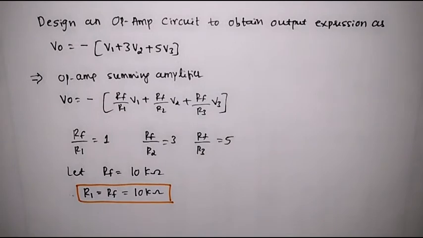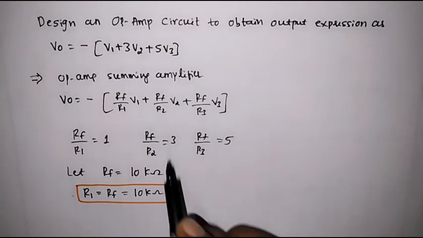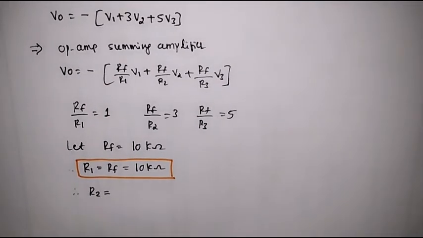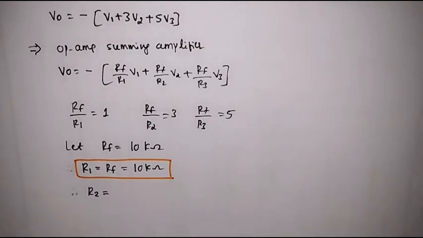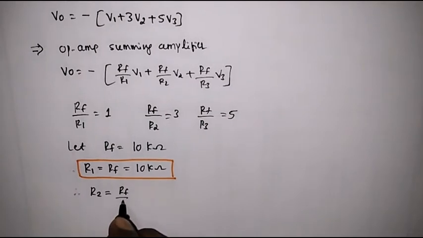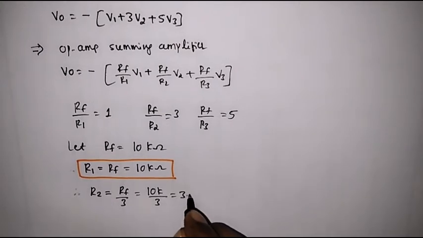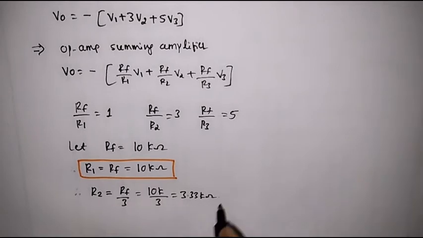Now similarly, here RF by R2 is equal to 3. Therefore, R2 is equal to RF by 3, which is equal to 10K divided by 3, which is equal to 3.33 kilo ohm.